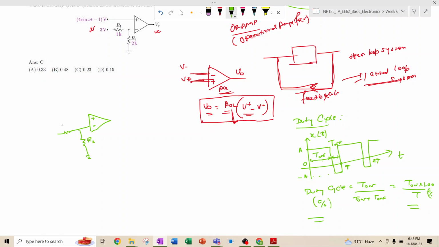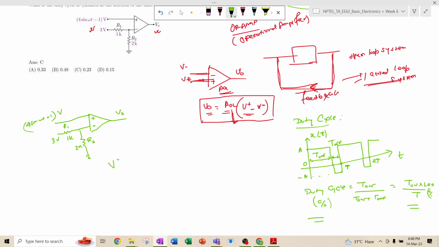This is R2, this is R1, this is 2k, this is 1k, this is 3 volt, and here you have 4 sine omega t minus 1 volt. And this thing is VO, right?